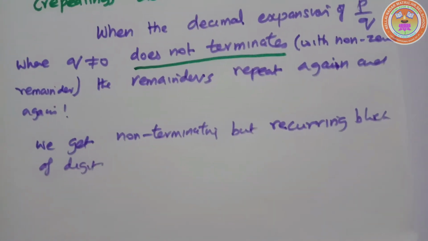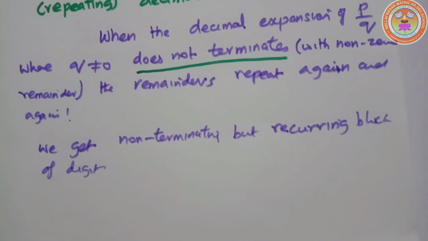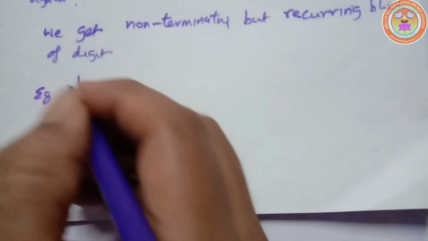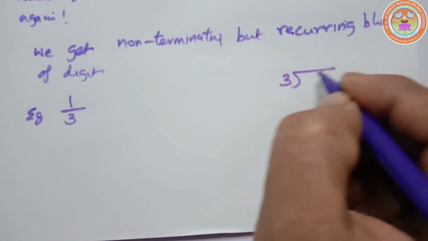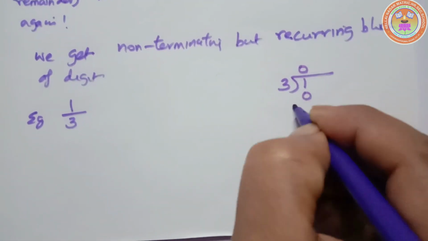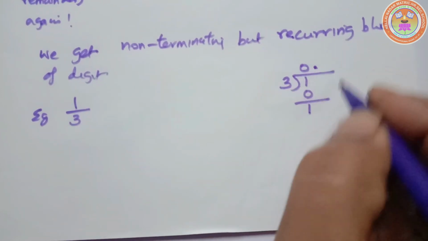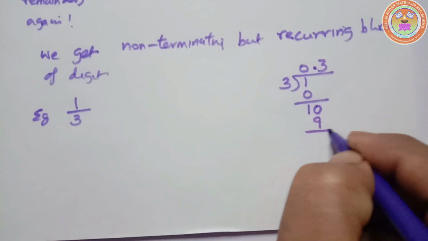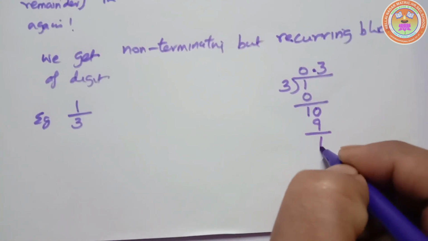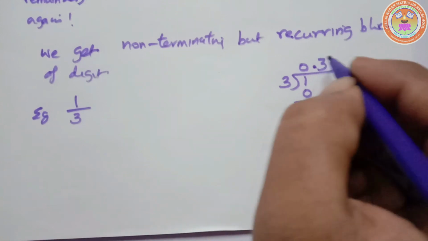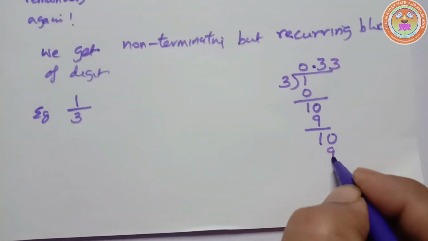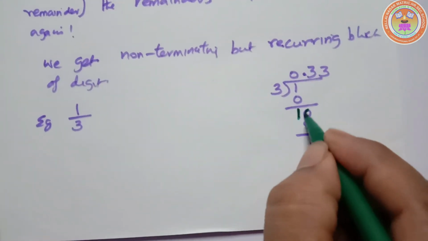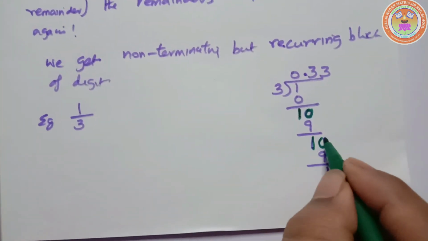So we'll see one example, children. Example 1 divided by 3. So 3 divided into 1. How many times? 0 times. Balance 1. Decimal point, 0. 3 threes are 9. Again balance 1. Again you take 0. Again 3 threes are 9. Again 1. See, children, here 1, 0, 1, 0.